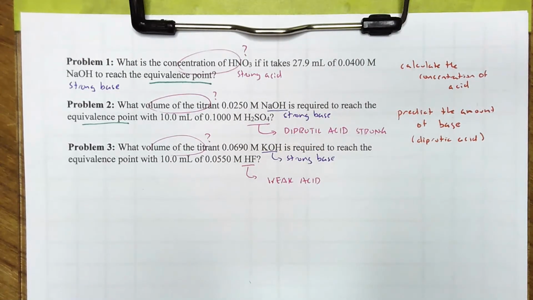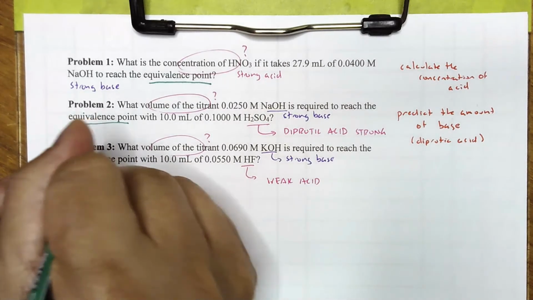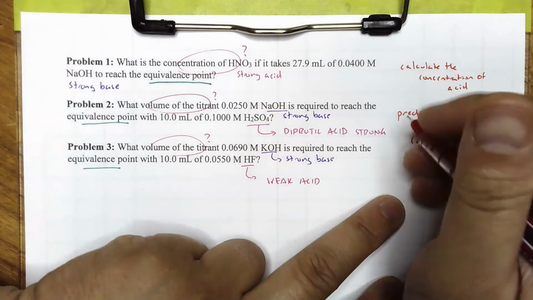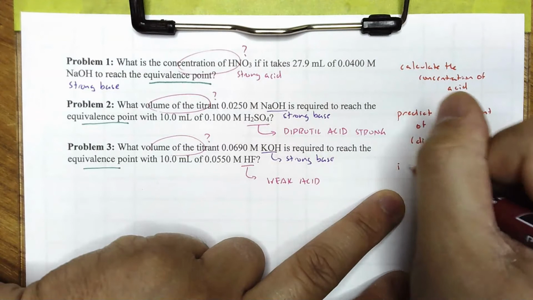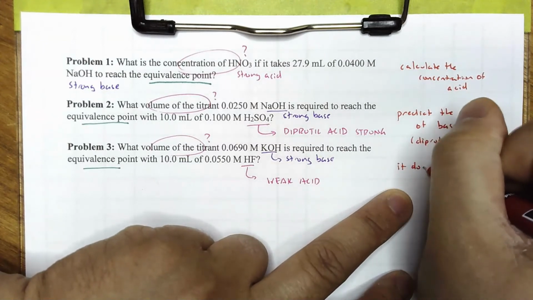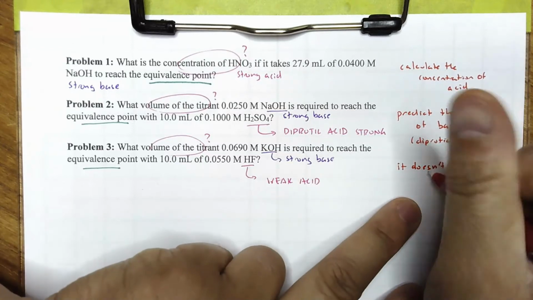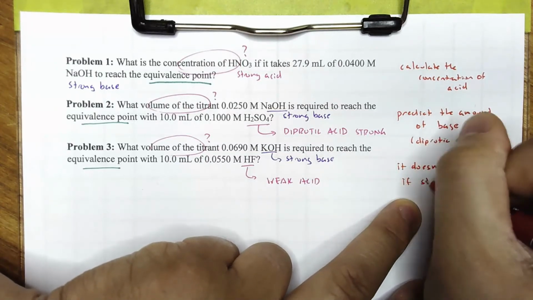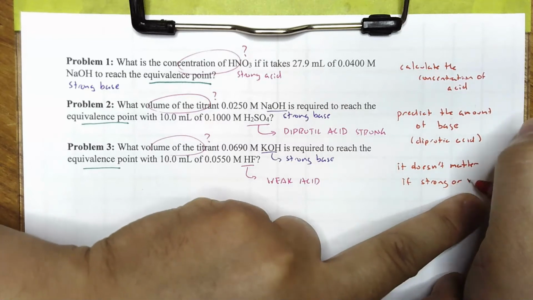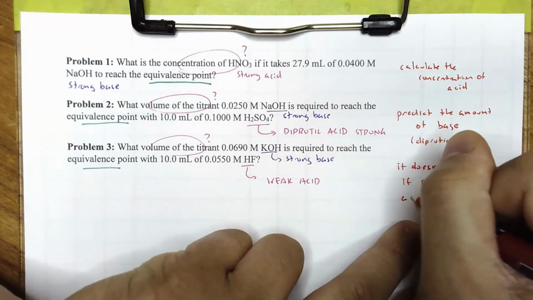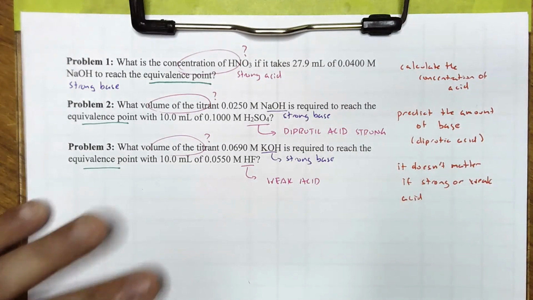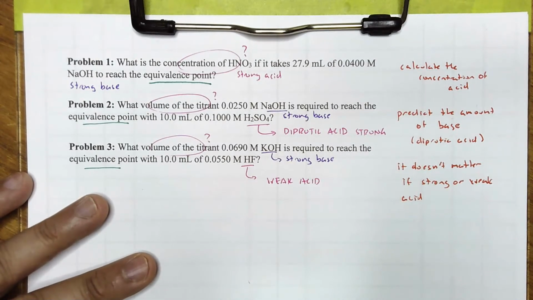I'm telling you now that it doesn't matter. So for problem 3, it doesn't matter if strong or weak acid when calculating the equivalence volume.